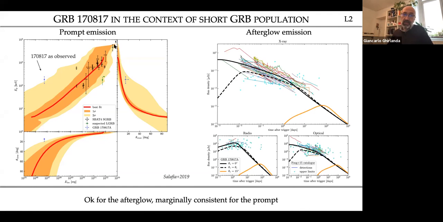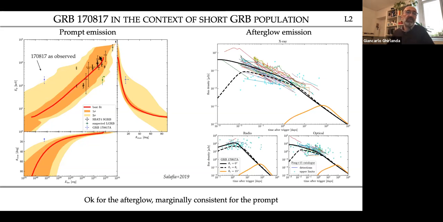if we observed them at larger viewing angles. So I make you an example to make it clear. We take this burst and we say, okay, if it had the same structure of 170817, given that we observe an energy which is 10 to the 51, then the core energy is 10 to the 52 kinetic. And moving the observer, it would move along this line, or, taking into account the uncertainty, should lie within this region, 68% and 90% confidence, okay?